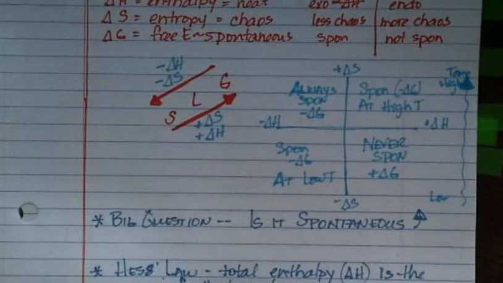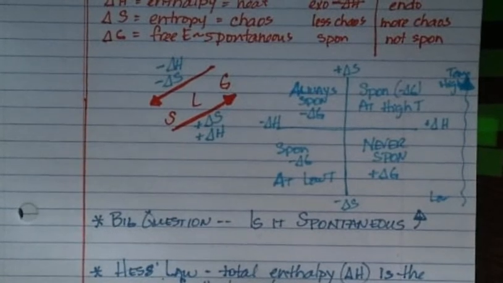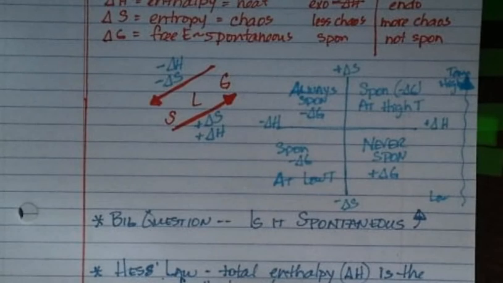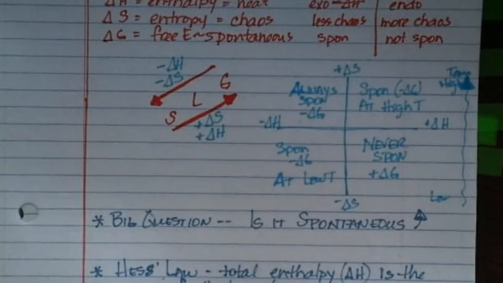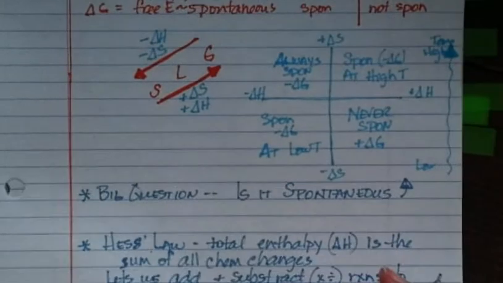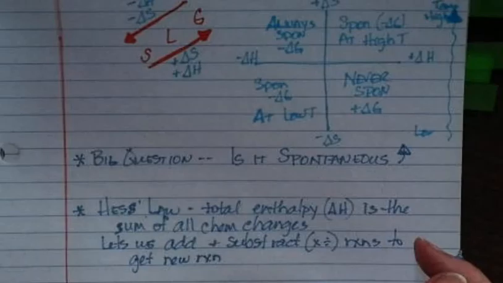Okay, I'm going to put add and subtract, multiply, divide chemical reactions to get new chemical reactions. They can't possibly put every single chemical reaction in the books, right? They can't, on the charts and stuff.